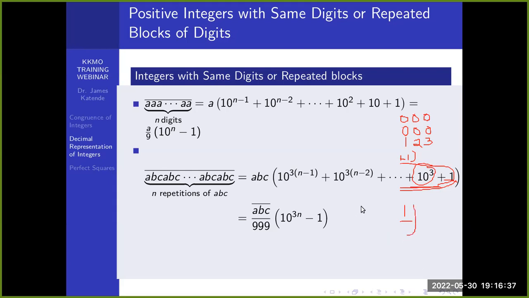Then all of this is multiplied by the 3-digit number that is repeated n times. So this number can be written like this. That's all we are trying to do in this.